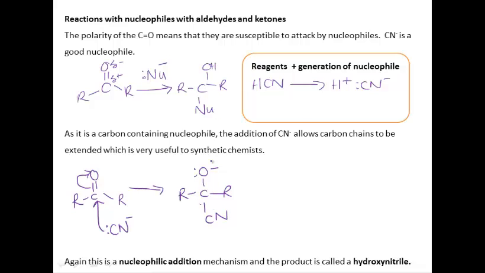Again, like in the previous mechanism with the H-, that O- actually reacts with the solvent by picking up a H+, and we end up with a product containing a CN and also an OH group, and this product is called a hydroxynitrile.